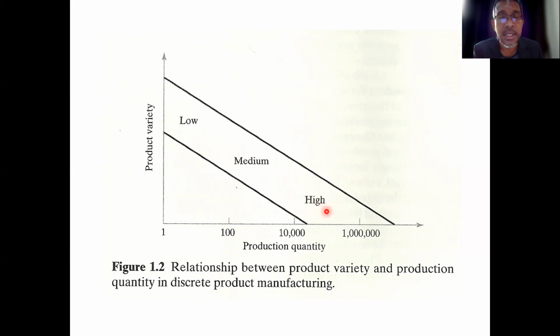So this one you can see that the variation is slightly lower, low variation with the high production unit. So up to 10,000, up to a million units per year production. So we call this high production.